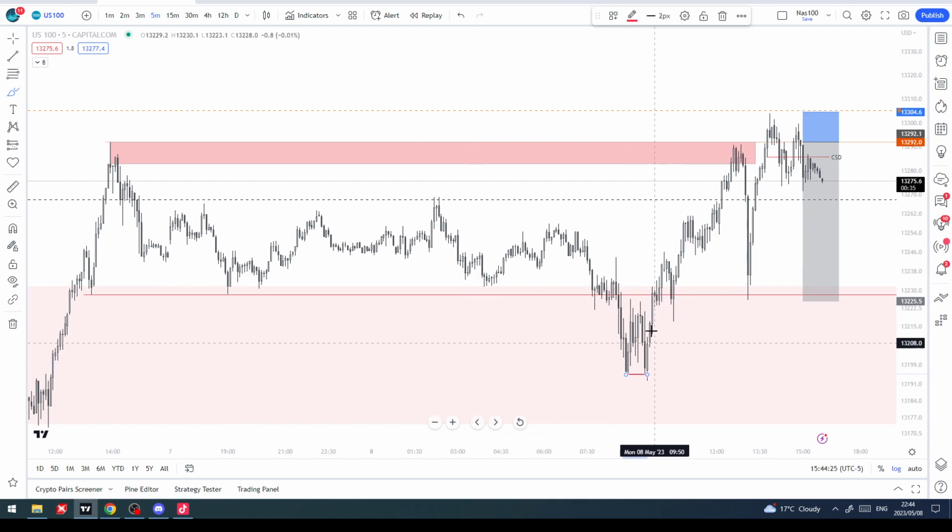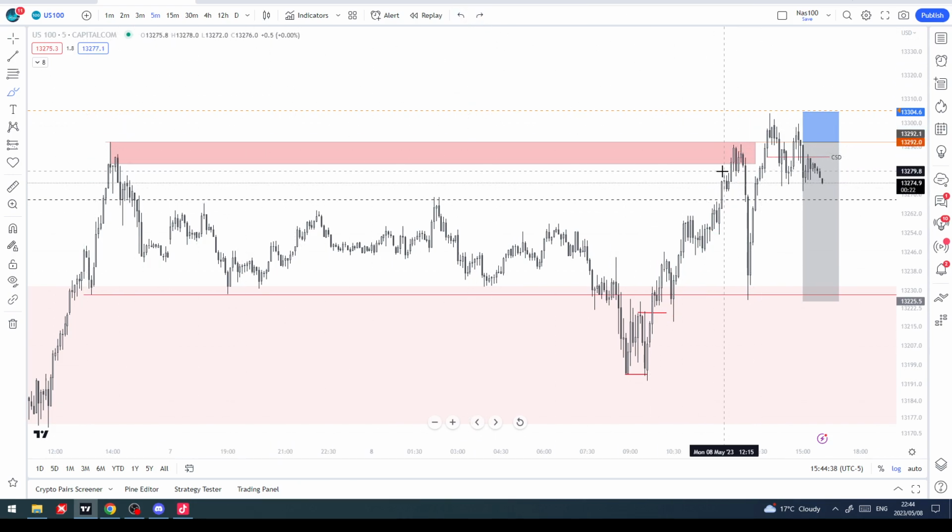So I took it from here. We took liquidity here, CSD, price pulls back, all the good stuff right here. Because on this exchange, it didn't take the high here. On my MT4 broker, well before it got to this point, it already took the high out here. But I closed right here at 50% of this rejection block.